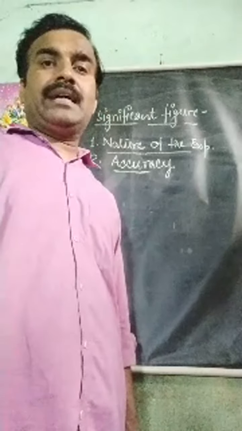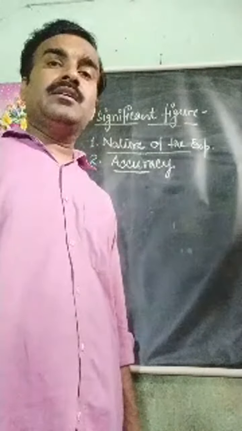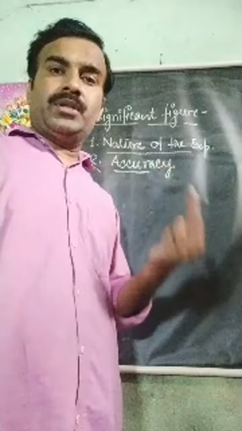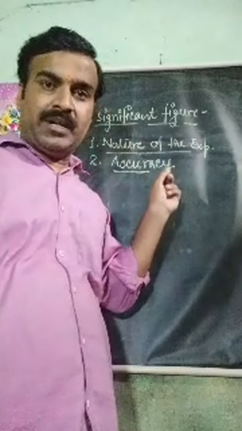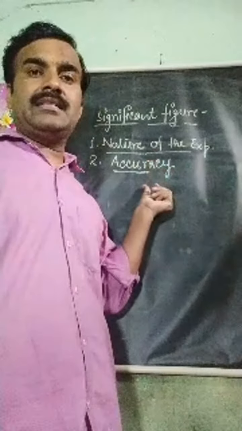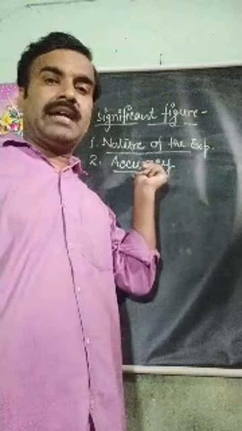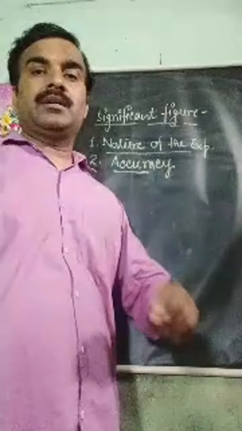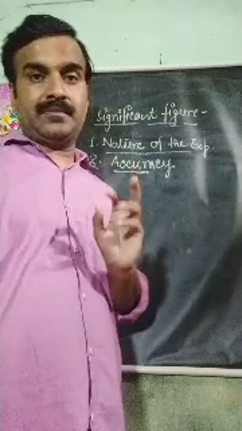So significant figure depends upon two factors. First one, the nature of the experiment, and second one is the accuracy. That means up to what accurate manner the given number, the given reading, can be written.